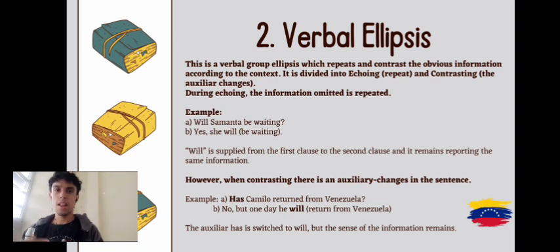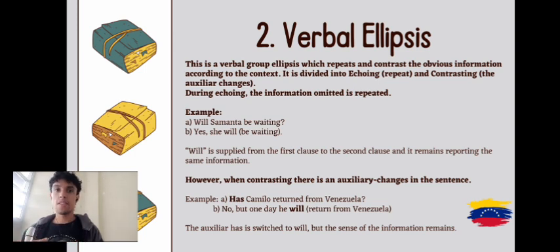Let's remind ourselves what ellipsis is about. Ellipsis is to be understood as a way to avoid repetition or redundancy of some elements during the speech. Ellipsis has a direct connection with individual clauses and utterances.